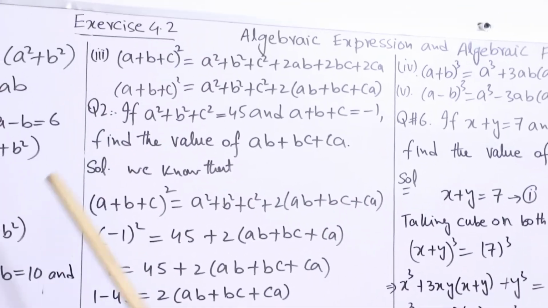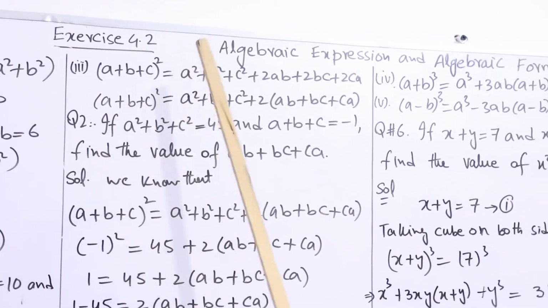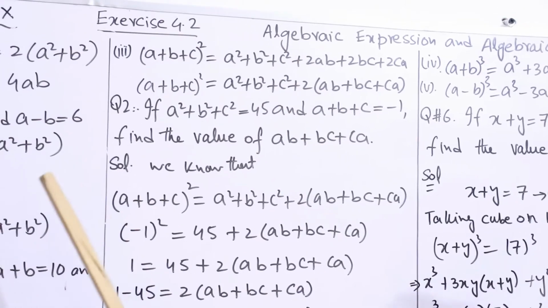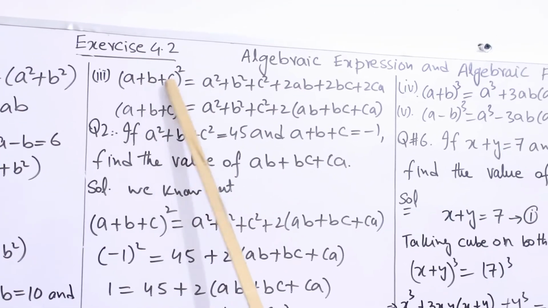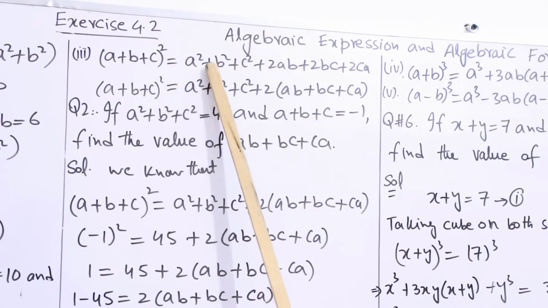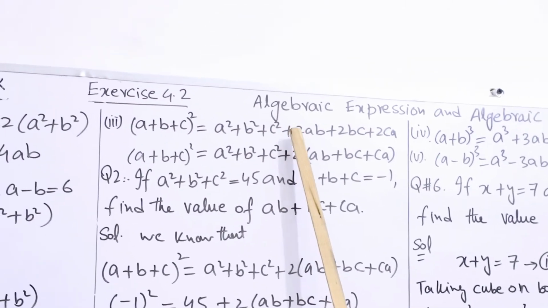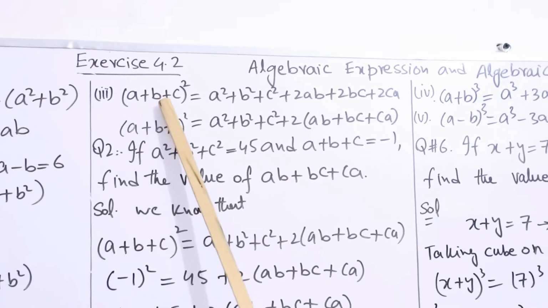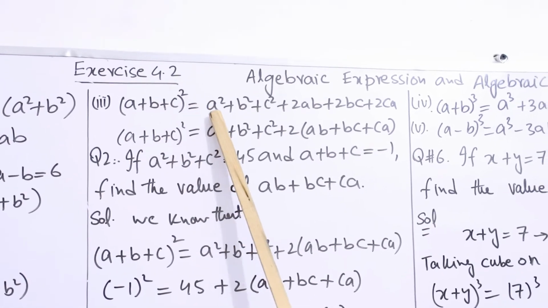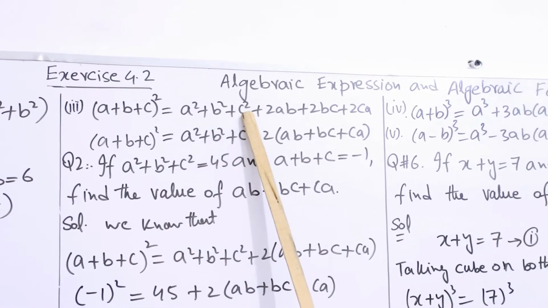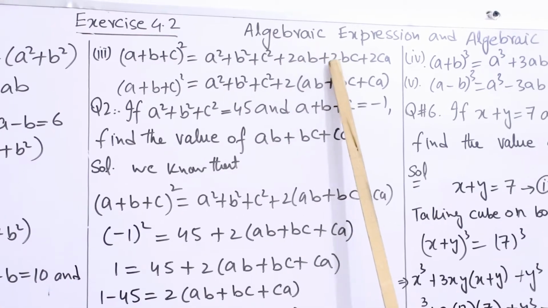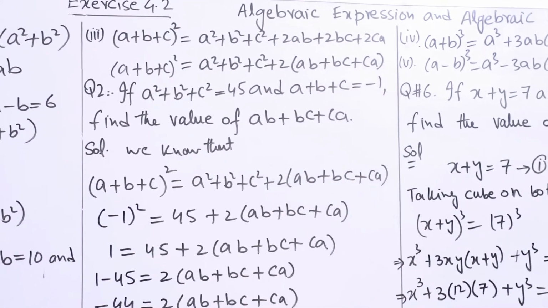Now to solve question 2, we use this formula: (a+b+c)² = a² + b² + c² + 2ab + 2bc + 2ca.